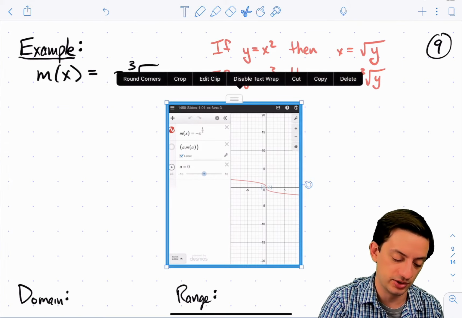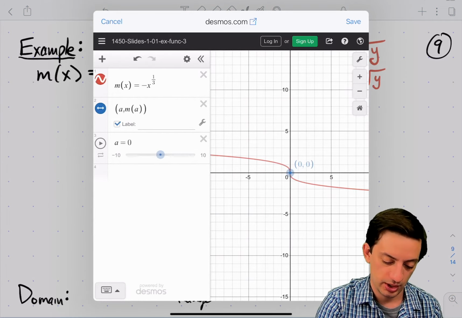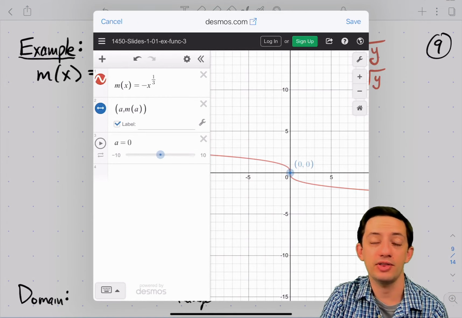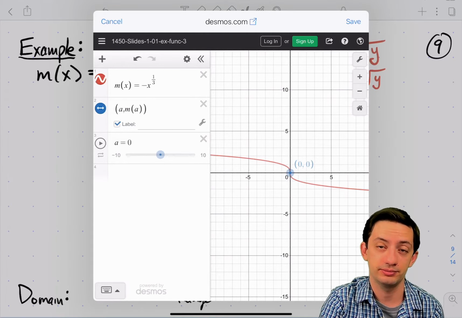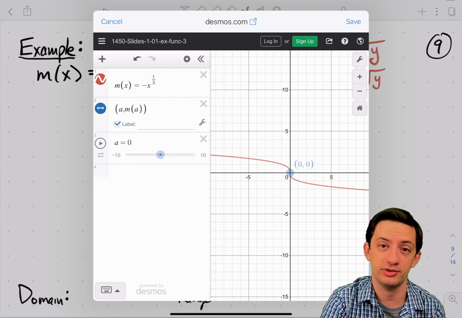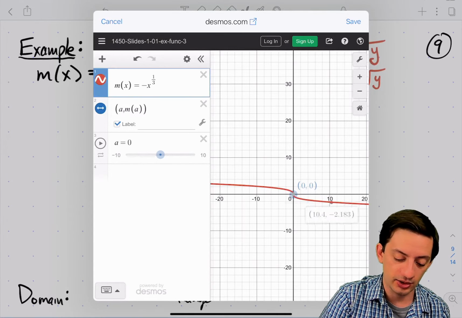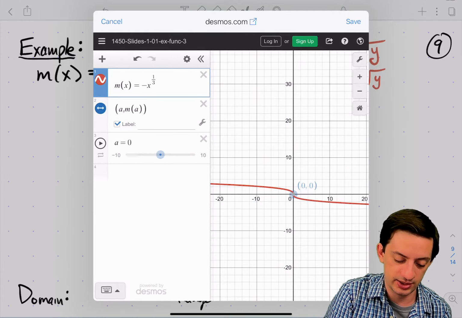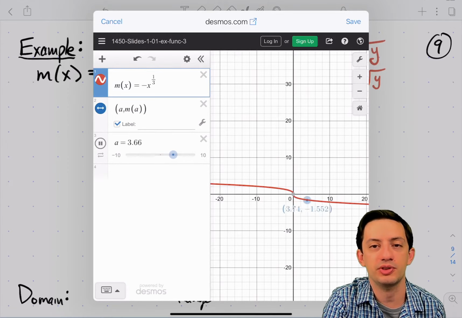And once again, we have a nice graph of this. At 0, it has value 0. And that makes sense. If I multiply 0 by itself 3 times, I get 0. So that tells me the cubed root of 0 is 0. And negative 0 is 0. So nothing interesting here. To the left, it's positive, and to the right, it's negative. And you can just kind of see these points going back and forth. So this is what the function does.